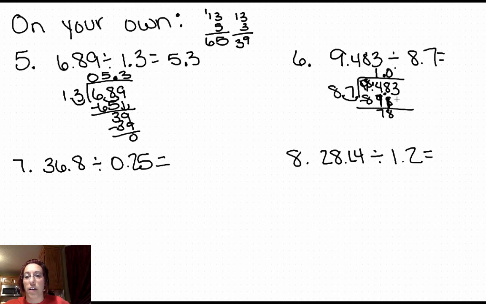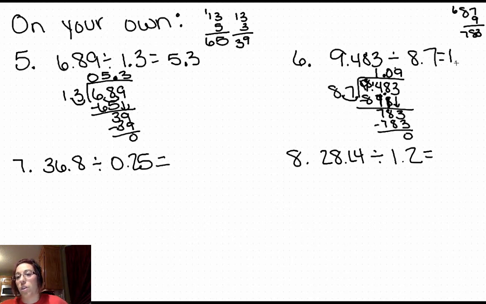It will be 0 times. 783. Well, 10 would be 870. Let's try 87 times 9. 3, 6, 72, 78. So our answer is 1 and 9/100ths.